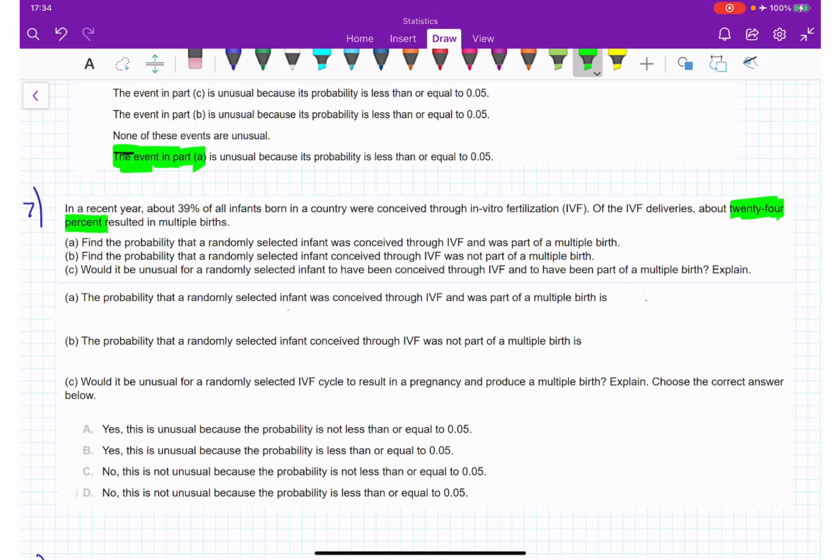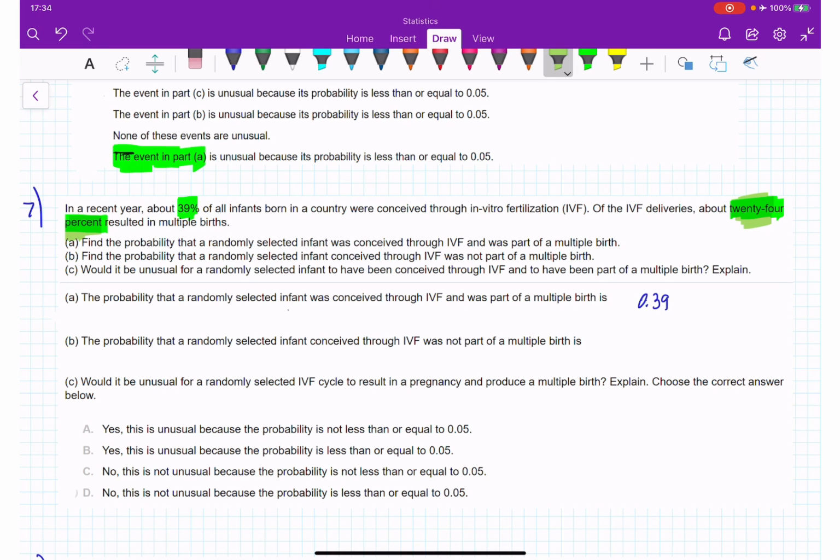So we have about 39%, here it is. 39% is 0.39, right? And 24%, this one, 0.24. So first, 39% born in the country were conceived via IVF.